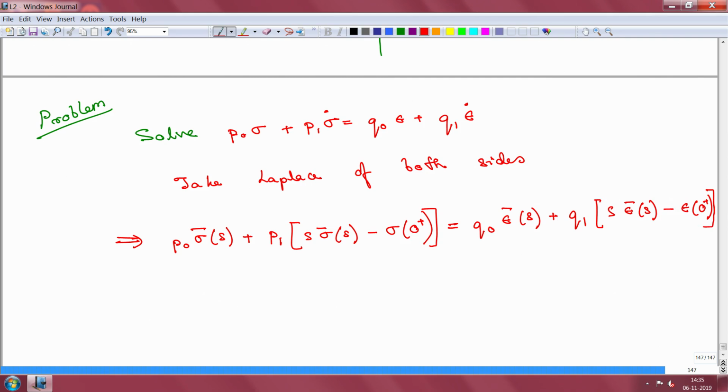Now, I had already said that from the jump condition, which we did not derive and that was left as a homework for you, we can take this quantity out. So, we are left with a simpler situation.